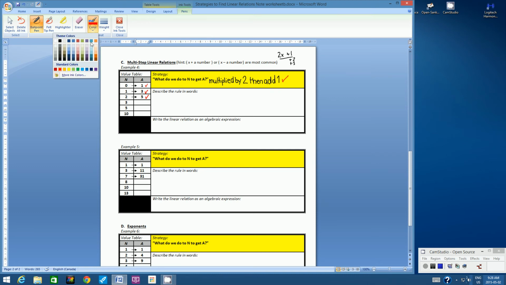Now let's describe the rule in words. Well, we almost already did up here. The only thing we have to add is that we're going to start with a number.